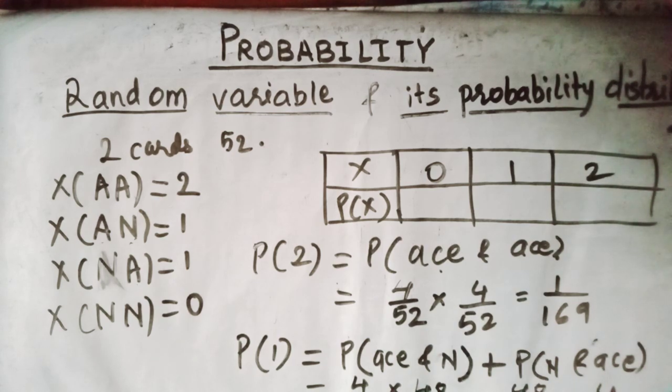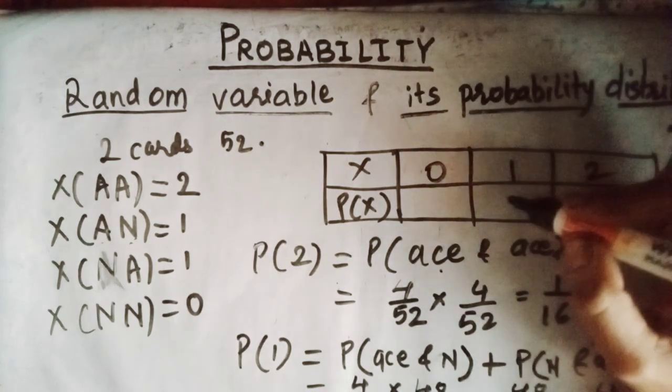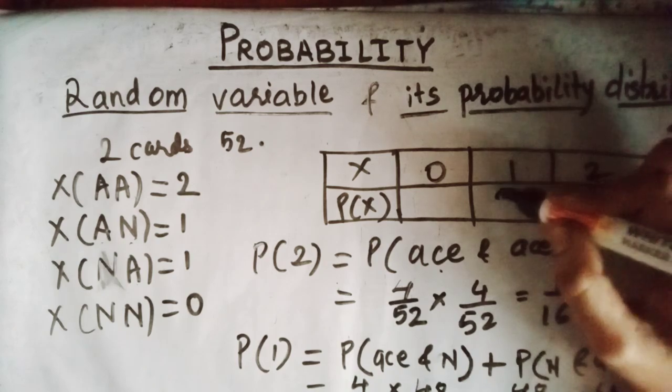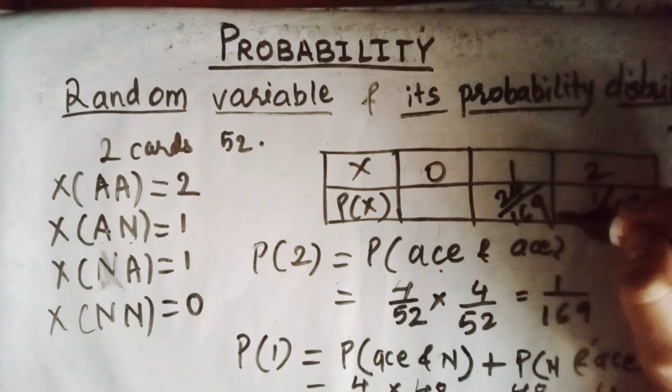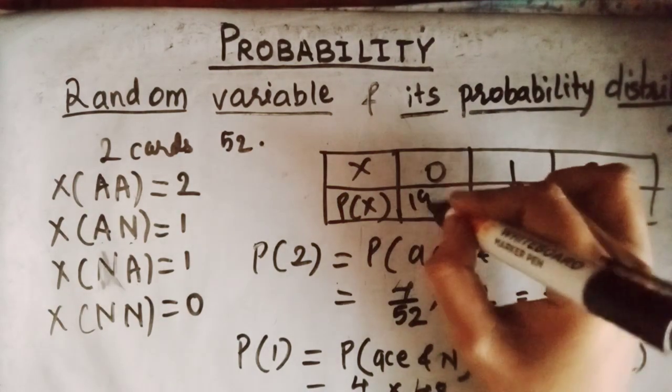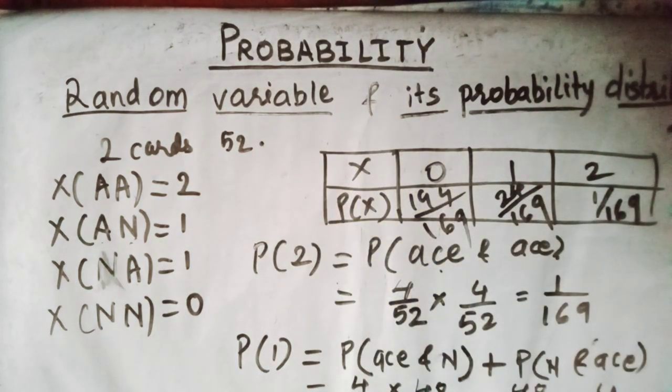So this way you have to find. So here for 2 it will be 1 upon 169, for 1 it is 24 upon 169, and for 0 it is 144 upon 169.